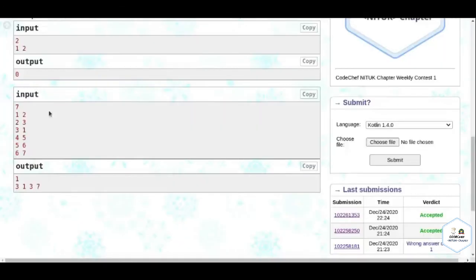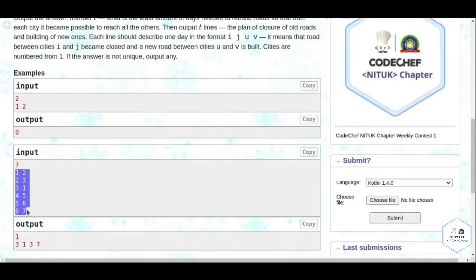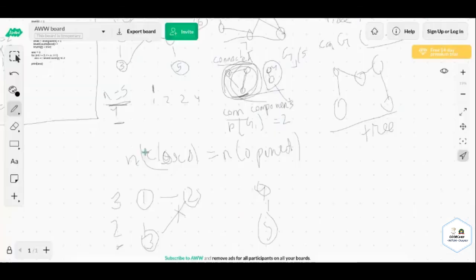Okay, now when we are processing the input, this input tells us the edges. There is an edge between 1 and 2, there is an edge between 2 and 3. We can process this input as, first of all, we create a whole disconnected graph. Okay, and then an edge comes between 1 and 2. Okay, there comes an edge between 1 and 3.